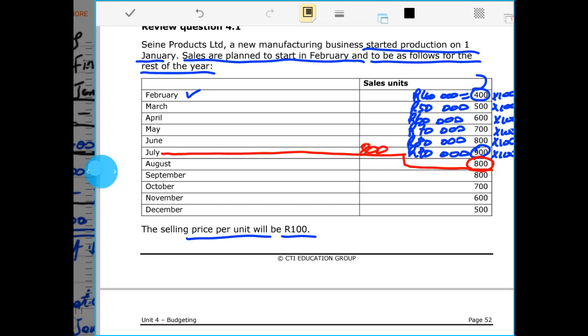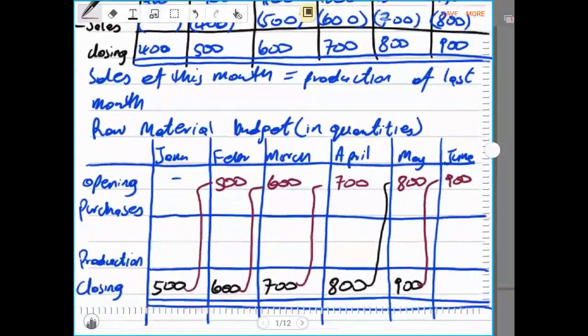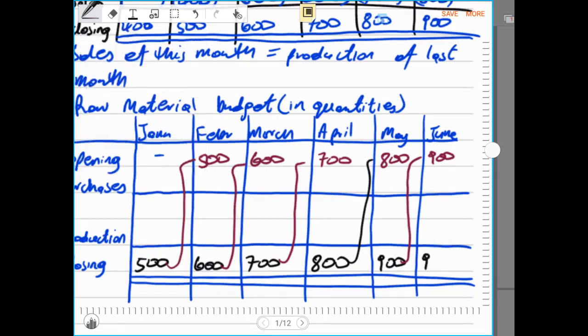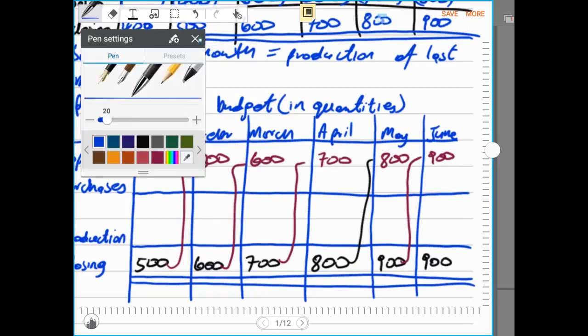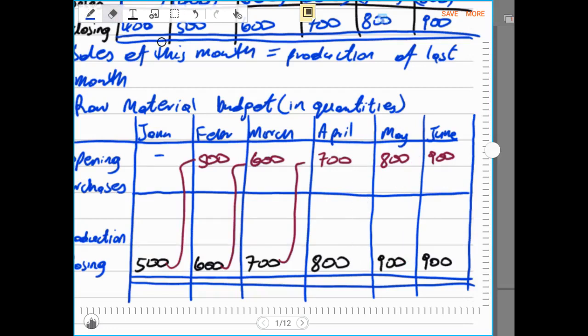So production of the next month, which is July, is 800, and that 800 should be the closing of June. Therefore it will have to be 900 here as closing. This closing becomes opening in the month of July, but we are not doing July, we are only stopping in the month of June. So that's where everything stops so far. Then we'll do all the calculations from now.